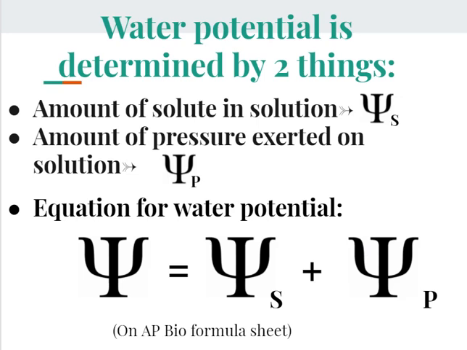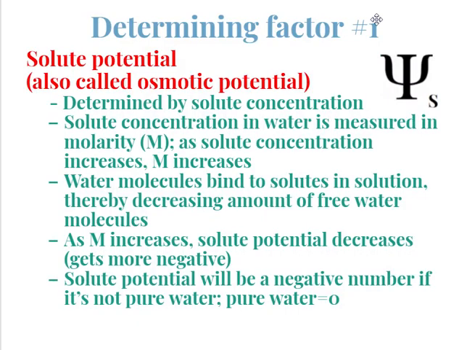So now we're going to look at each one of these factors individually, the solute potential and the pressure potential. All right, so this little psi with an S is called solute potential. Basically all it is is how much stuff is there. How much solute is there in the water? A little bit or a lot or medium? We measure this in moles or molarity with a capital M. The more solute there is, the M value increases.